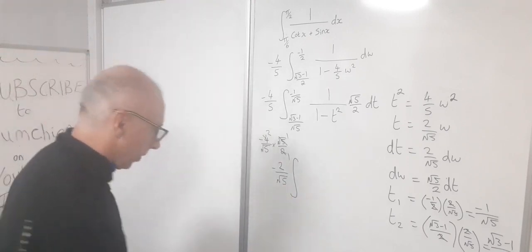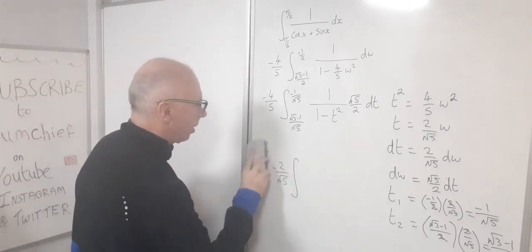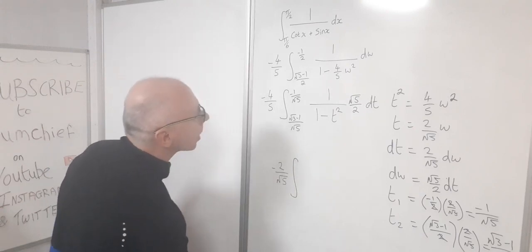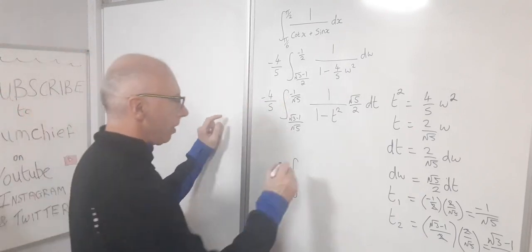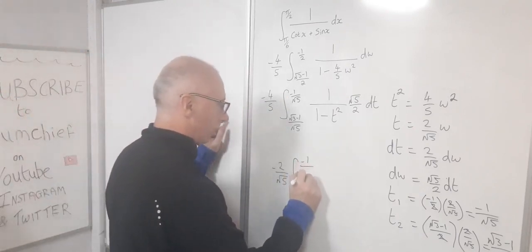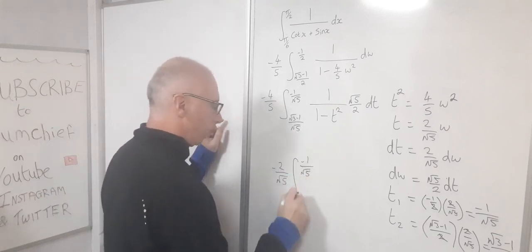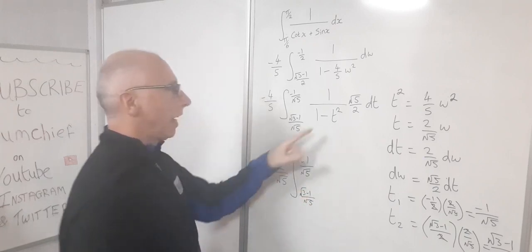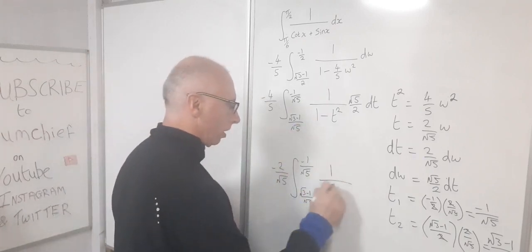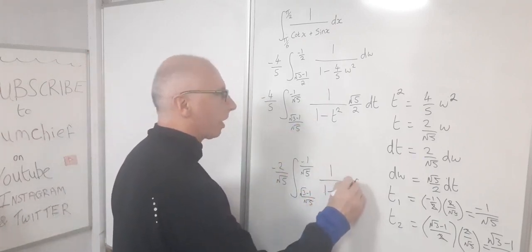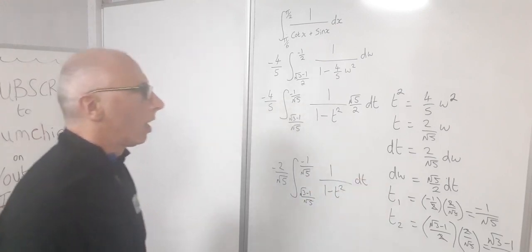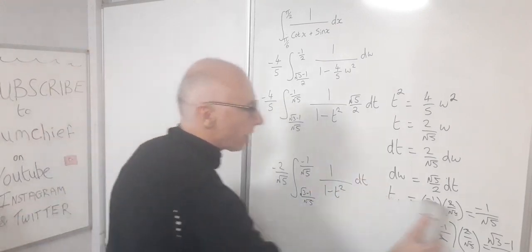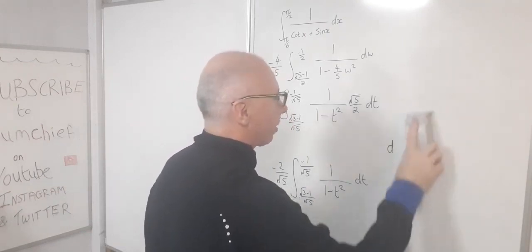So now, let's just take this off here. We don't need that working now. So we've got minus 1 over root 5 and root 3 minus 1 over root 5, and then 1 minus t squared in our denominator, and dt. Okay, right. So we're ready finally to integrate.